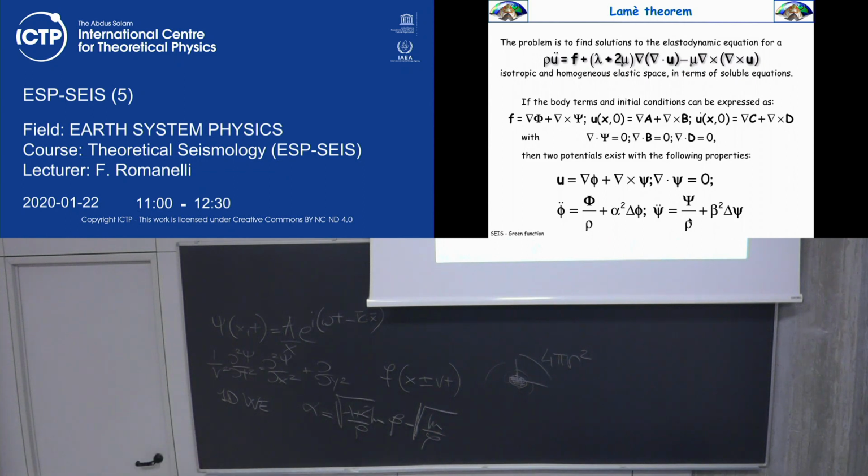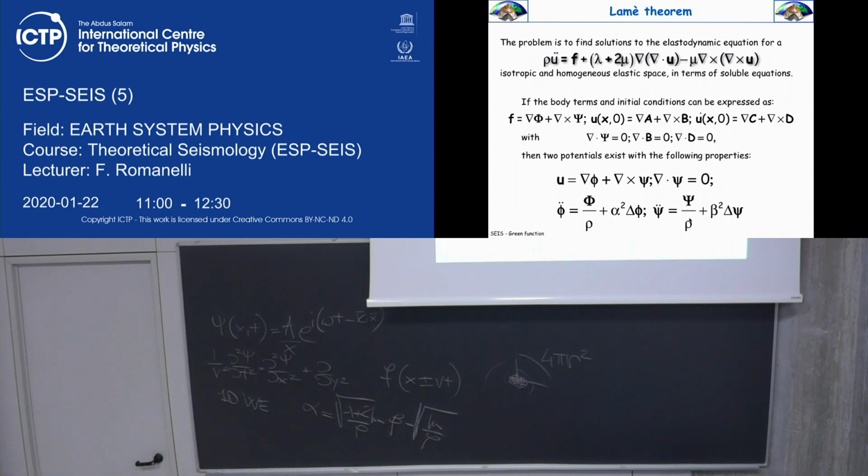So the logic is, let's apply Helmholtz theorem, and let's break it into different small pieces. The problem now is reduced from this one to these two.